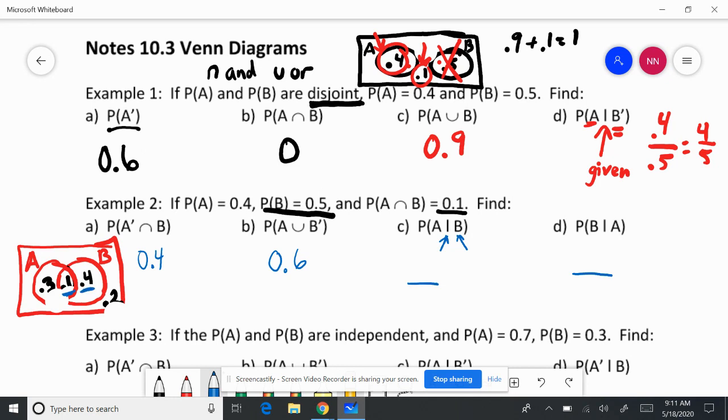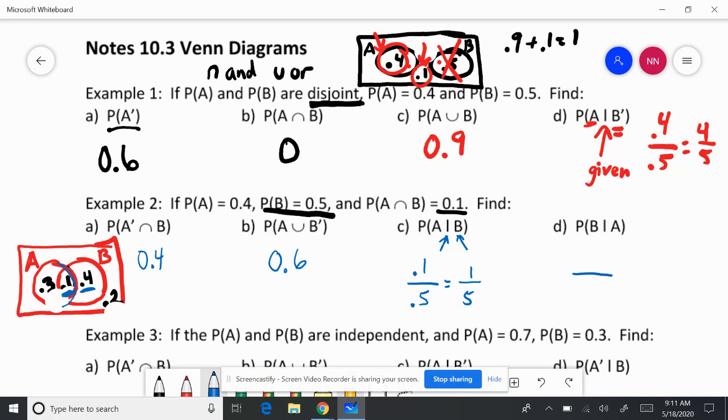That's our given, that whole circle B. So we're going to put 0.5 on the bottom. Now, of those two, which one is A? Well, this one is A because it's inside of A. So 0.1 goes on the top. And remember, we don't want decimal fractions, either a fraction or a decimal. So I'm going to write it as a fraction, 1/5.